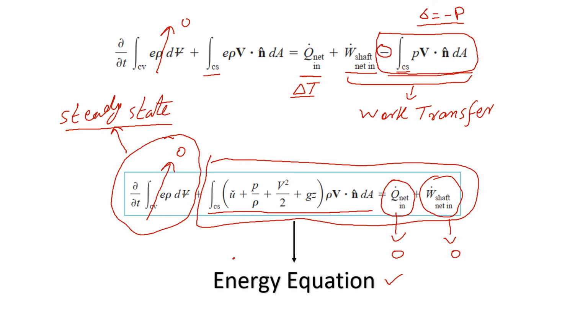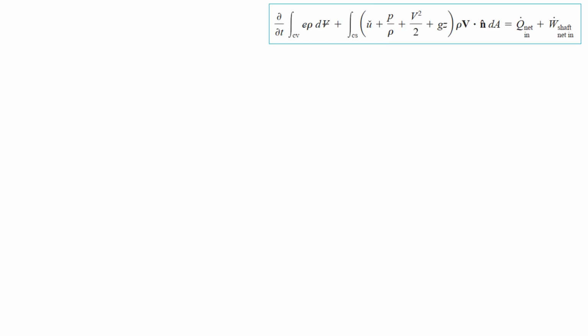So let's do this. Now let's apply this equation to a simple pipe flow. As we have a stream tube here through which a fluid is going in. So we have one control surface here, and here the fluid is going out.